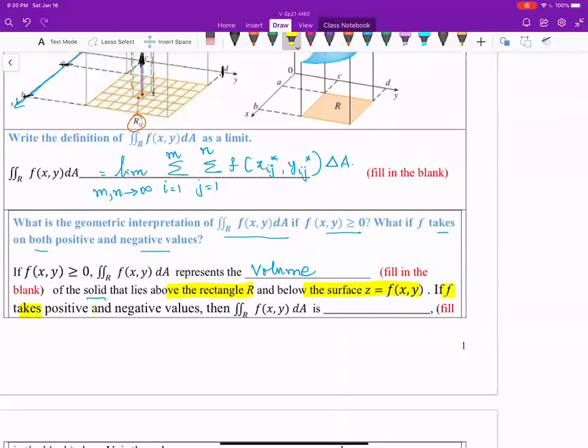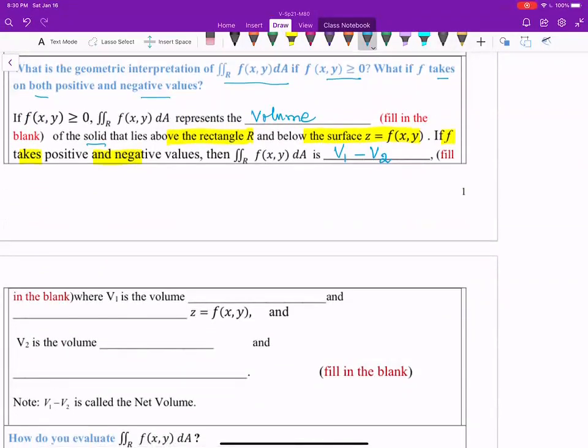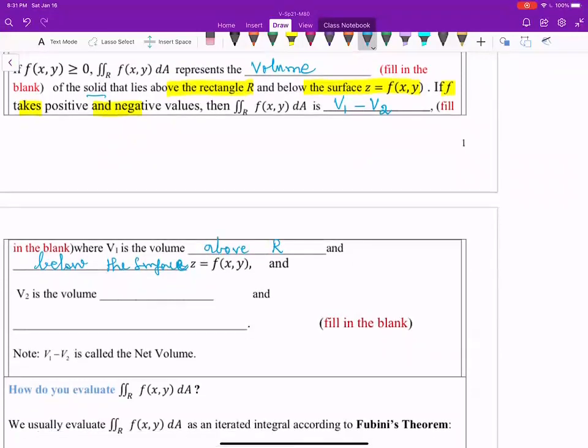In case f takes both positive and negative values, then the double integral over R, f of x y dA, is V1 minus V2, where V1 is the volume above R and below the surface z equal to f of x y, and V2 is the volume below R and above the surface.